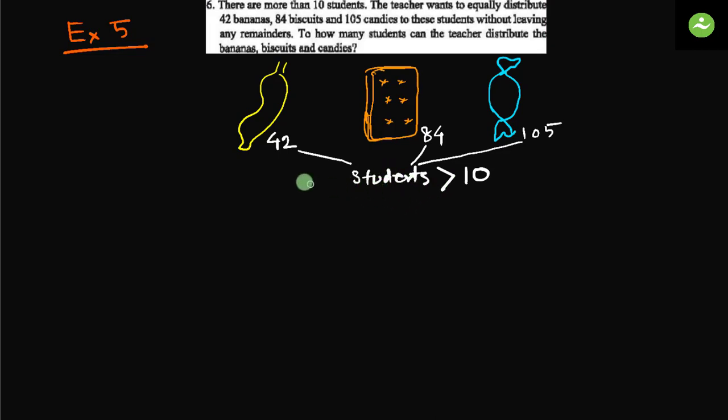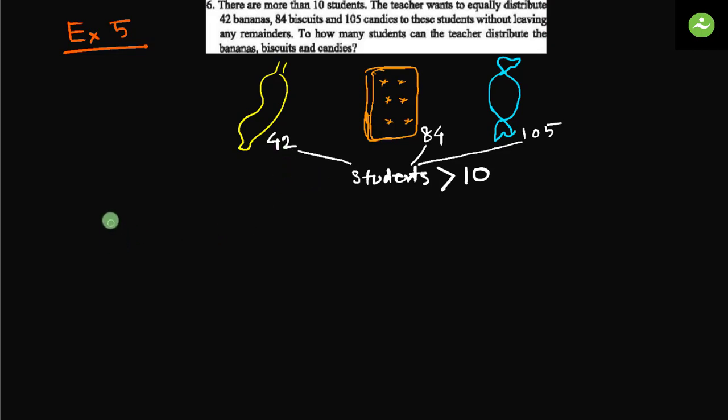So once again, we have to find a number that divides 42, that divides 84, that divides 105. How we find that? We already learned the factors. Yes, factor is nothing but a number that divides another number.